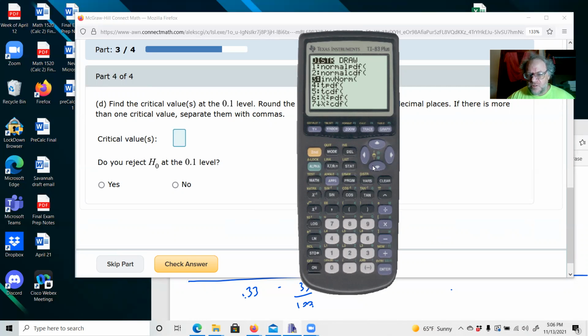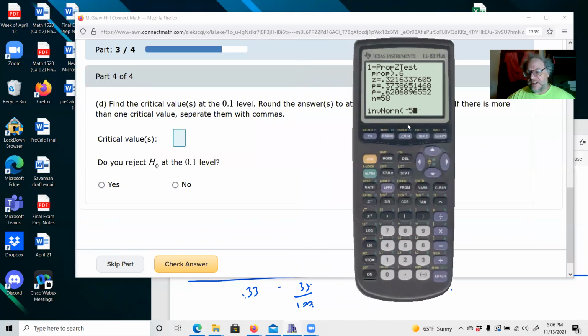We want the inverse norm, and we need a low value, let's go with -5. You can do 1E99, that's fine. But all the tables that we have for the normal distribution fall off at 3 standard deviations, so we don't consider things beyond 3 or 5 standard deviations.